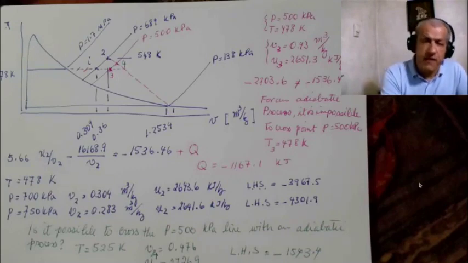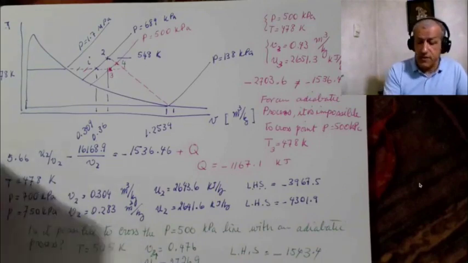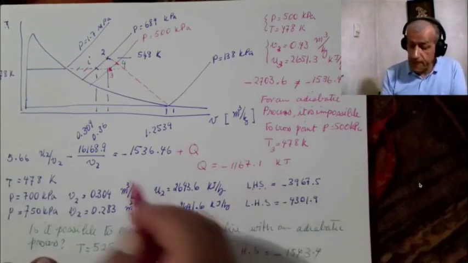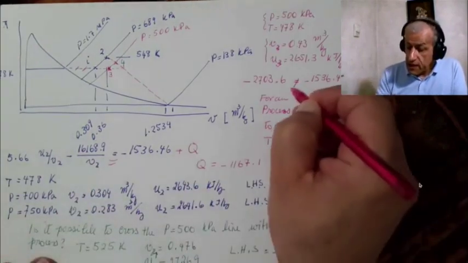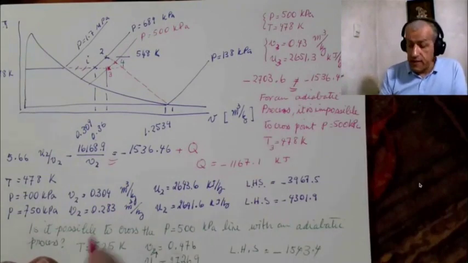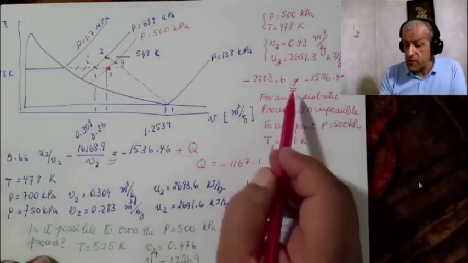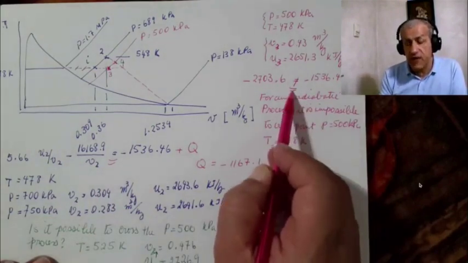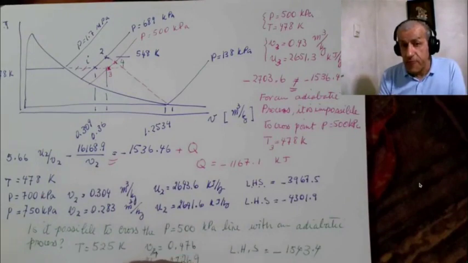But even without that, the equation and the laws, this equation which we try to satisfy, tells us what is possible and what is impossible. It was impossible without a heat transfer, and it was possible with a heat transfer.